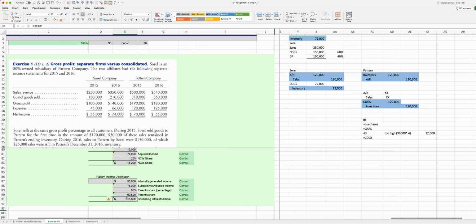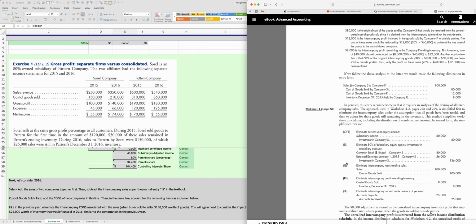So this was not the easiest problem in the world, because we kind of had to go through this logic of explaining why we're getting rid of this intercompany cost of goods sold. And to understand more about this, you may want to read up on what these three entries are. The IA entry, in summary, gets rid of any intercompany trade balances.